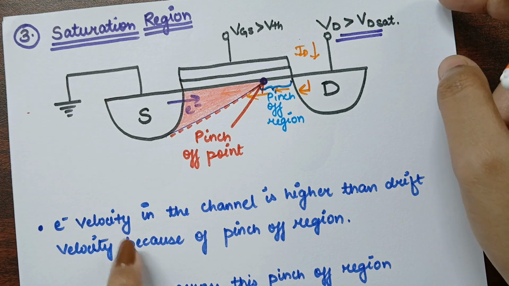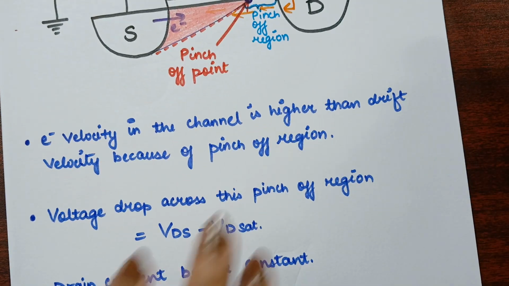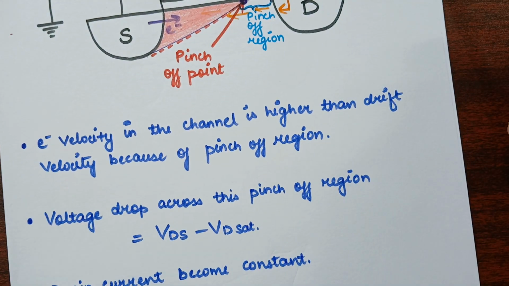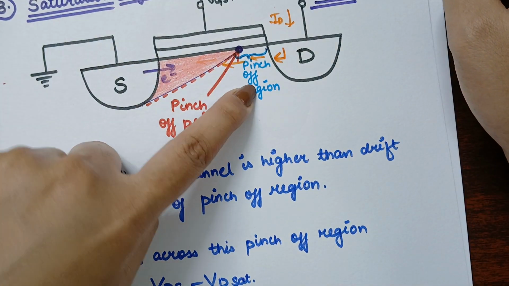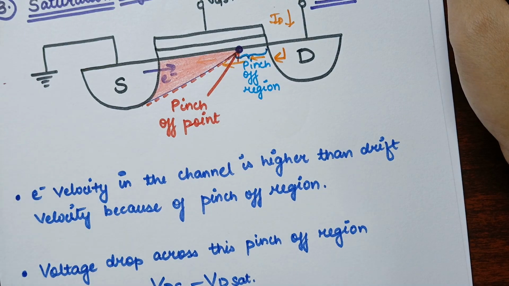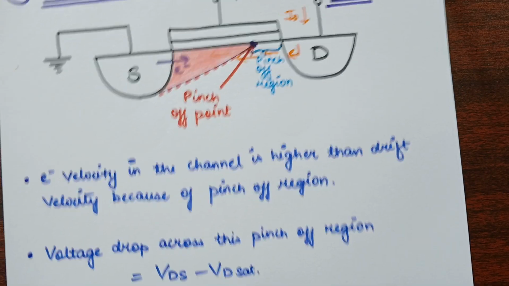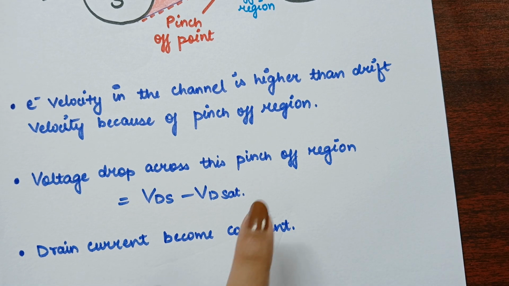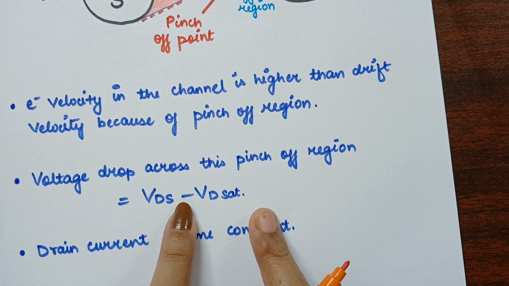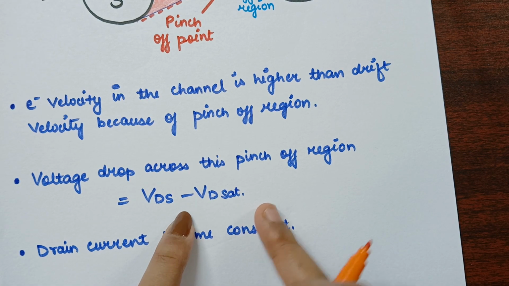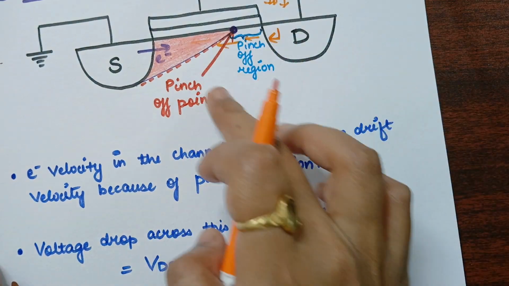So the electron velocity in the channel is higher than the drift velocity because of this pinch off region. Now the voltage drop across this pinch off region is equal to VDS minus VD sat. So this is the total overall voltage drop across the pinch off region.